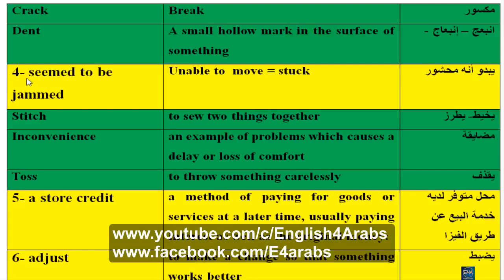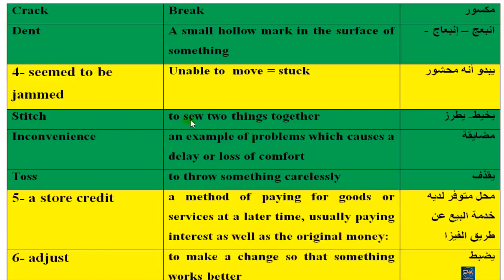4. These are the words of exercise number 4. Seem to be jammed, unable to move. Stuck. Stitch, to sew two things together.